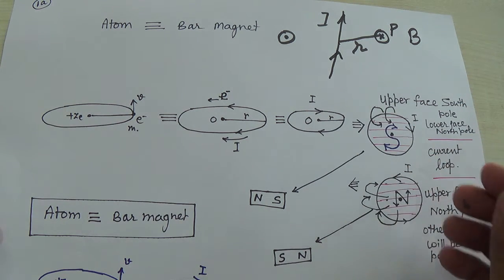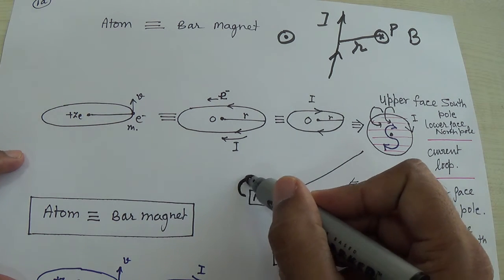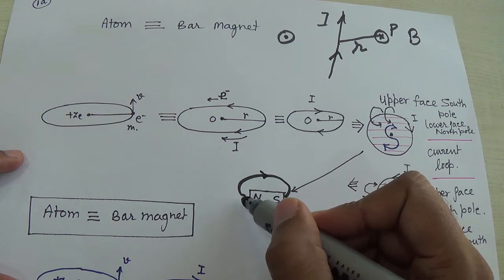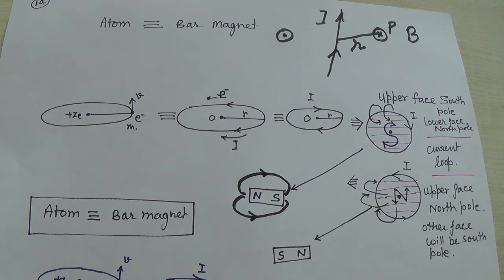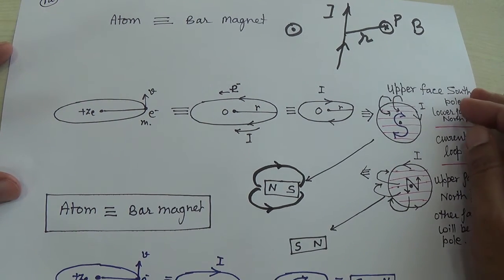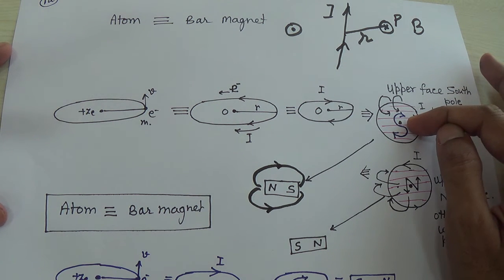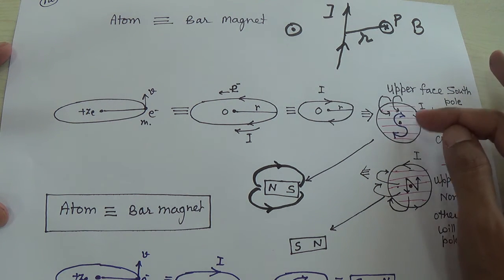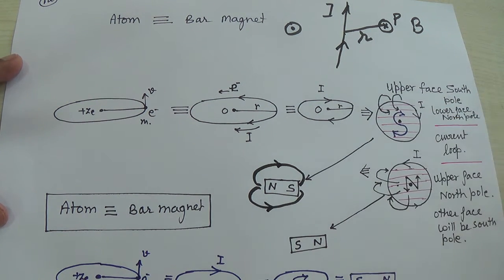We know that magnetic field lines start from the north pole and reach the south pole. Here, if you see carefully, all these magnetic field lines are reaching the upper face of this loop. So the upper face will behave like a south pole, and the lower face of this current loop will behave like a north pole.